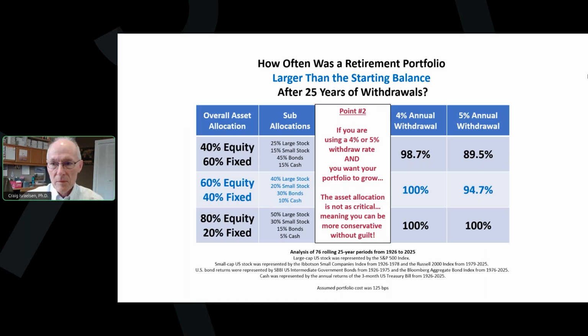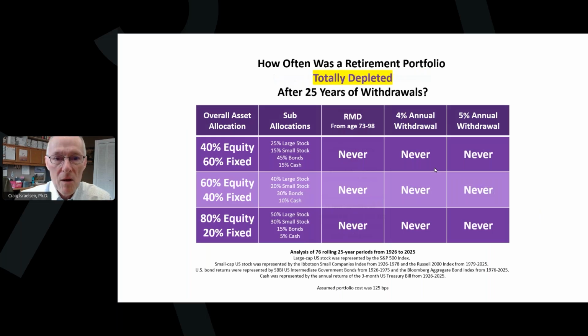So, next point. How often was the portfolio totally depleted? This is my favorite slide because it's pretty straightforward. That would be never. And again, I've looked at every rolling 25-year period for the last century. I cannot find any of them where the portfolio is depleted.